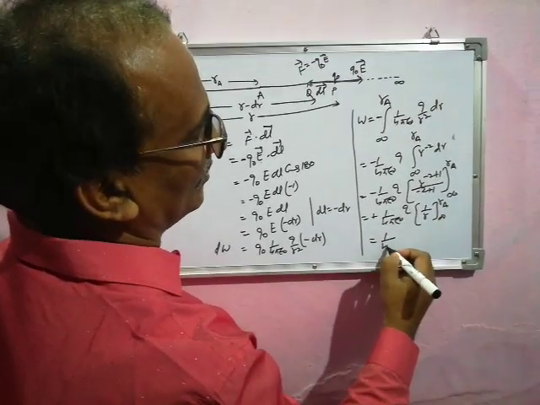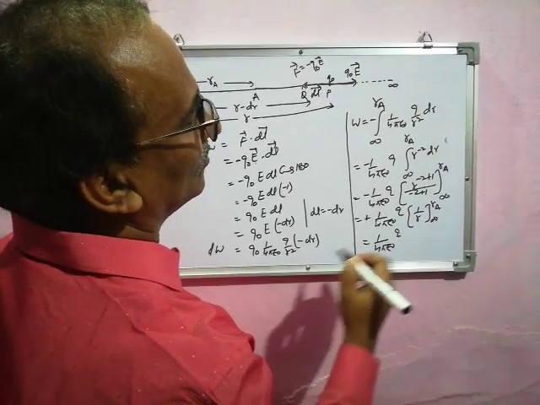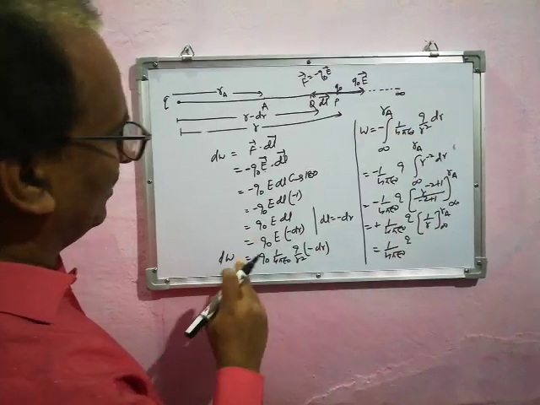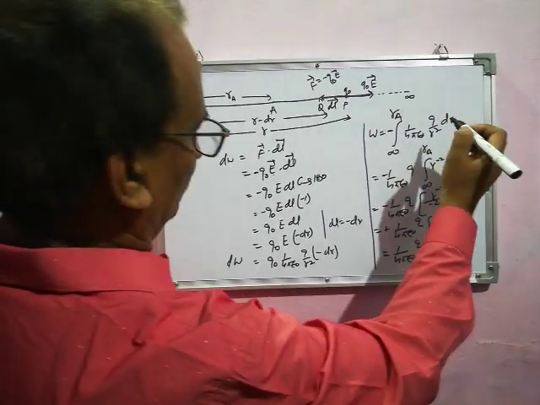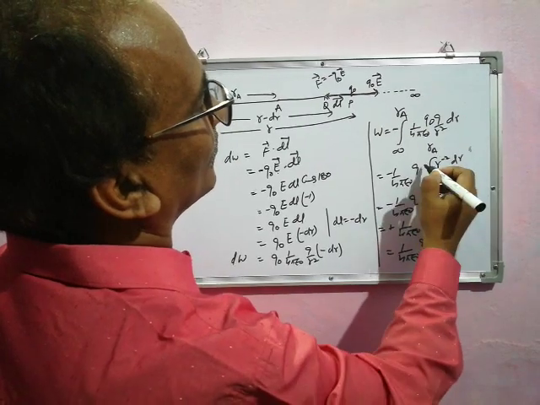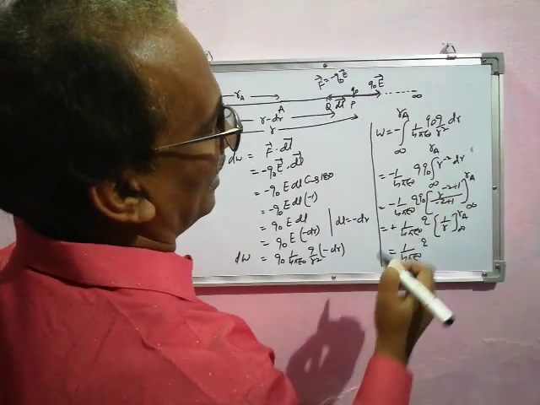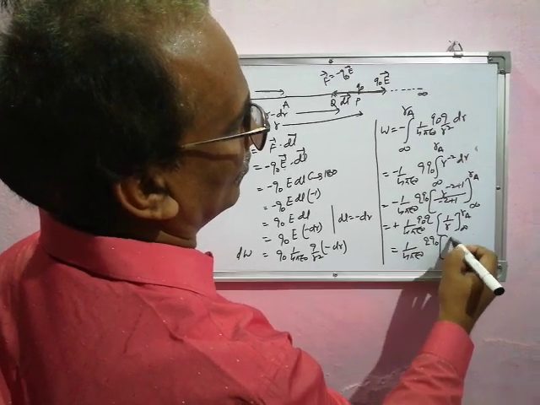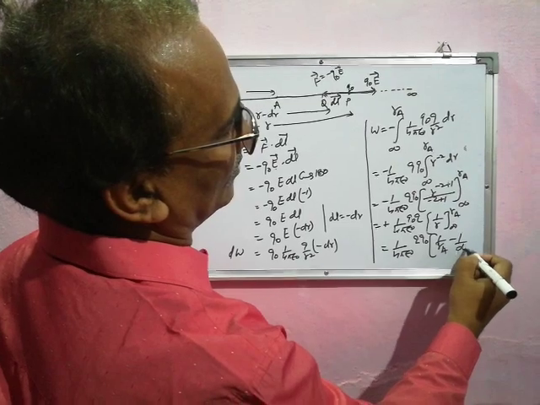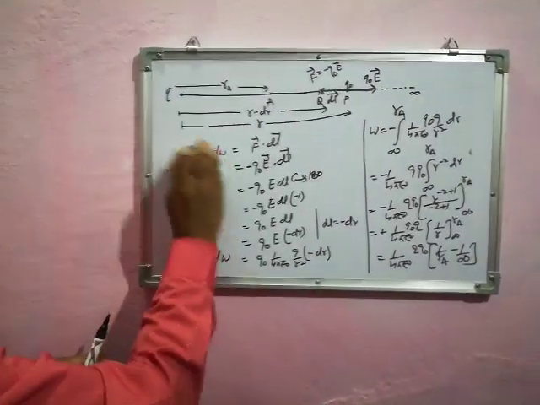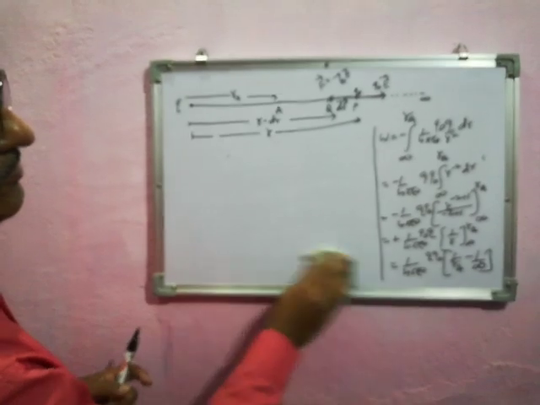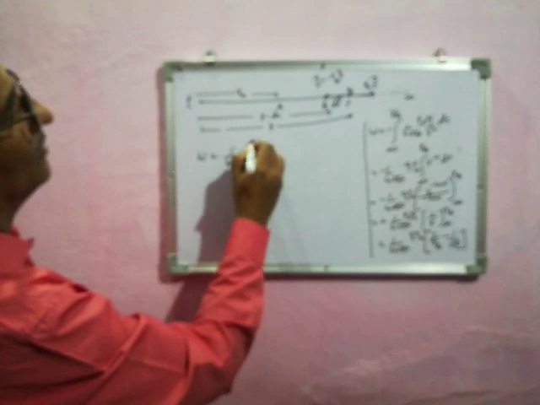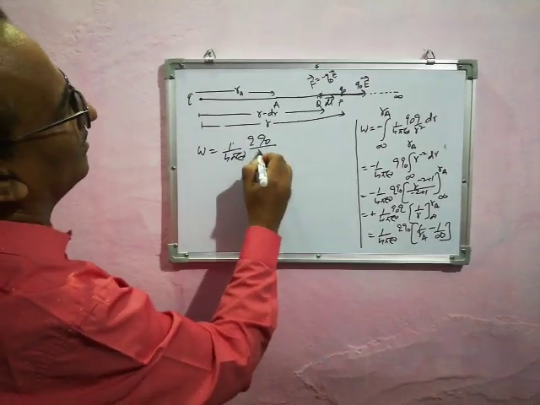It is equal to 1 by 4 pi epsilon naught Q, and here we have left the Q0 charge, so it is also multiplied by Q naught. Now it is Q naught times 1 by RA minus 1 by infinity. So the total work done becomes equal to 1 by 4 pi epsilon naught Q Q naught divided by RA.